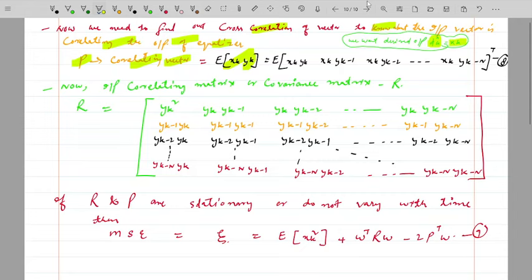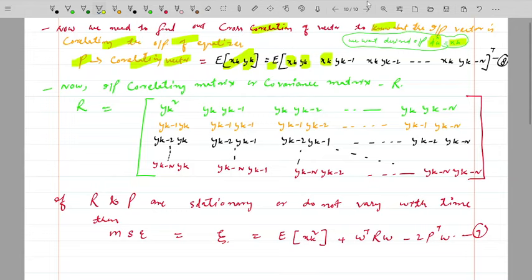So the expected value of x of k times y of k, x of k is multiplied with the different values of y of k that are received at the equalizer. So x of k is simply the common thing that we want at the output. And y of k is the input vector that we are receiving as an input to the equalizer.